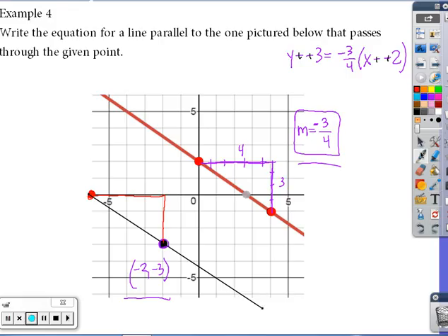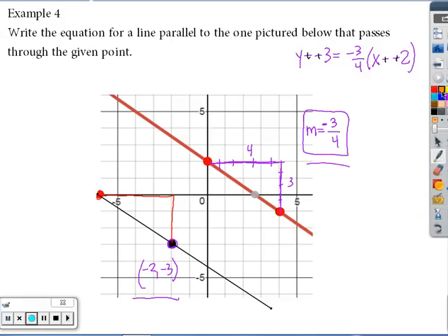The only bad part about that is, like I've coached you before, if this y-intercept does not look like a whole number, then you better not be using slope-intercept form. We're not going to guess what that is. So no matter what, in the end we end up using point-slope form to get our equation.